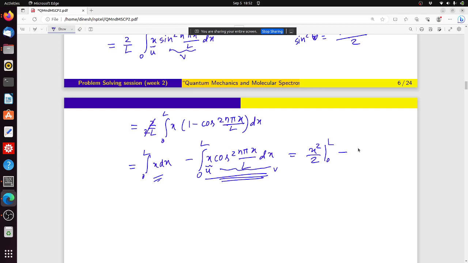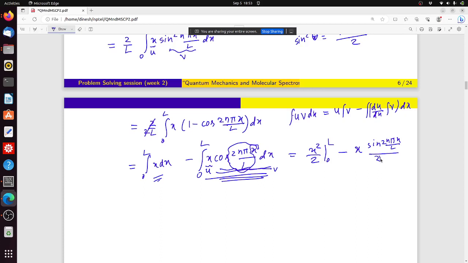Then the integration of u v is u times the integration of v, minus the integral of the derivative of u times the integration of v. So this will be x times the integration of cos, which is sine, so sine 2 n pi x over L, divided by the coefficient.